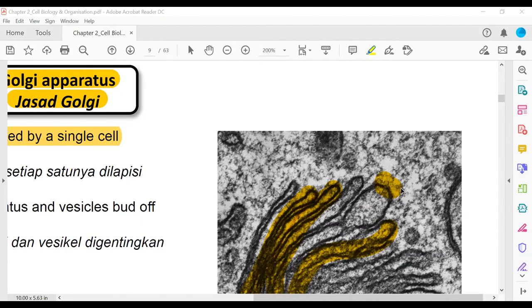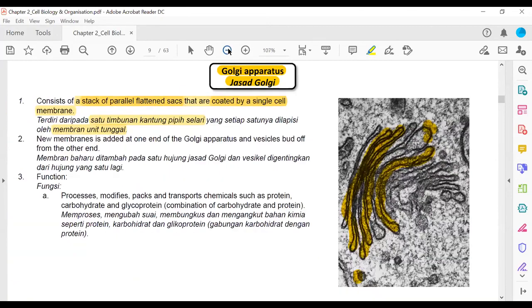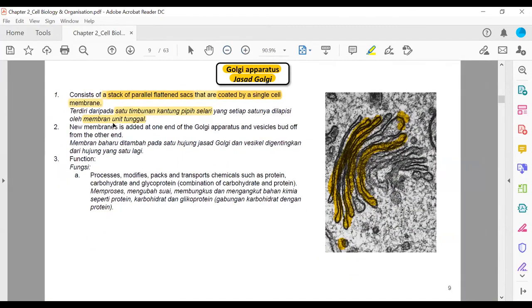Tapi untuk jasad Golgi, ketebalan membran dia 1 sahaja, bukan macam mitokondrial tadi yang ada 2 lapisan. Ini membran dia 1 lapis sahaja. Itu maksud nota tersebut. Maksud bagi coated by a single cell membrane, dilapisi oleh membran unit tunggal. Itu maksud dia.